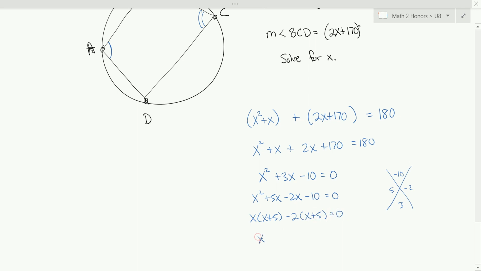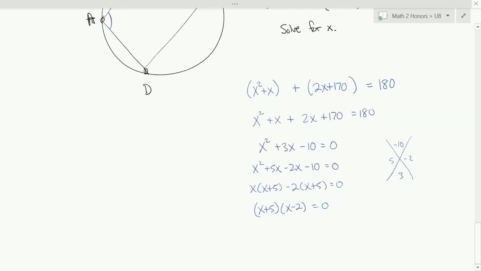And so we end up with x plus 5 times x minus 2. And then we set them equal to 0 and solve. We get two answers, negative 5 and positive 2.